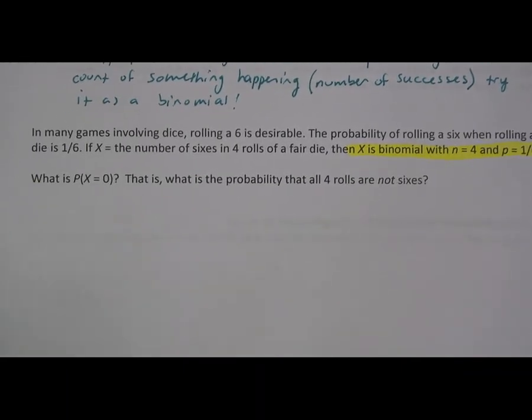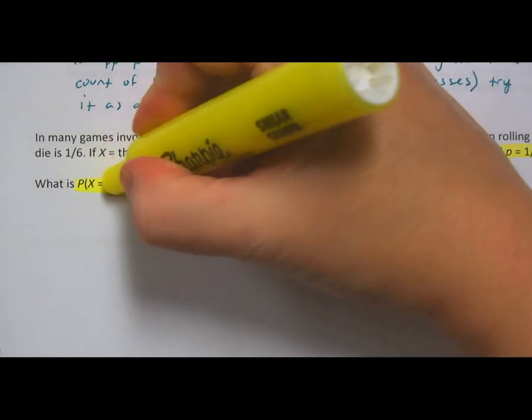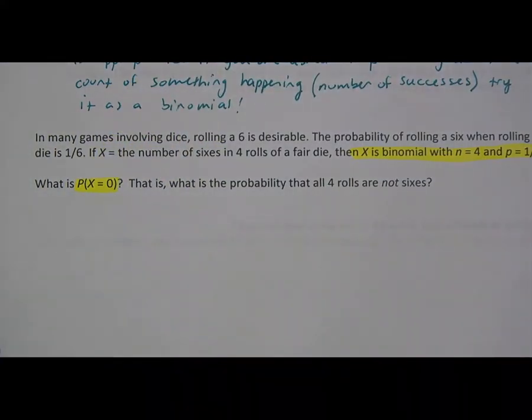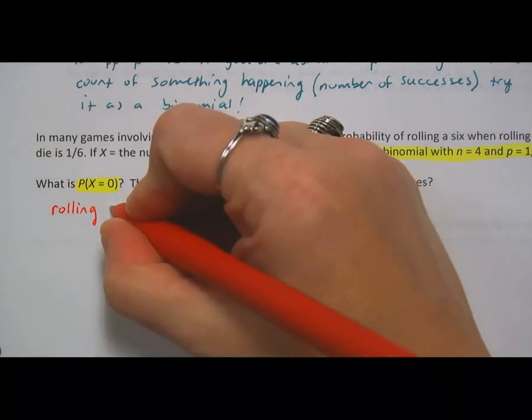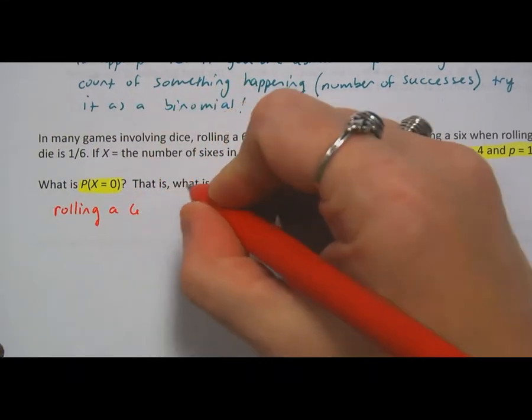So this says, what's the probability that the number of successes is 0? That is the probability that I roll a die 4 times and I don't get any 6s at all. Let's call rolling a 6 a success.